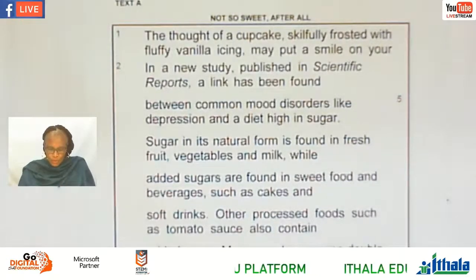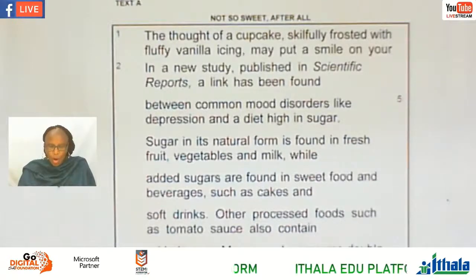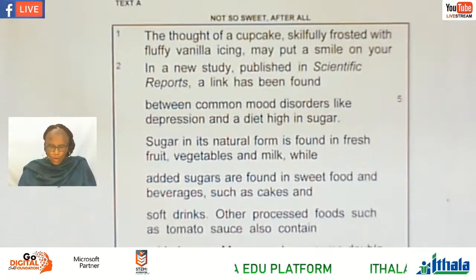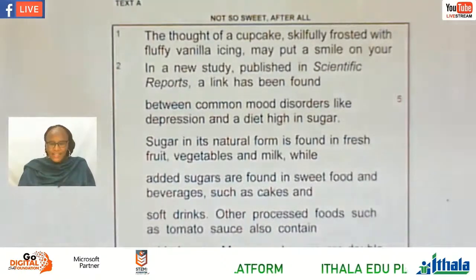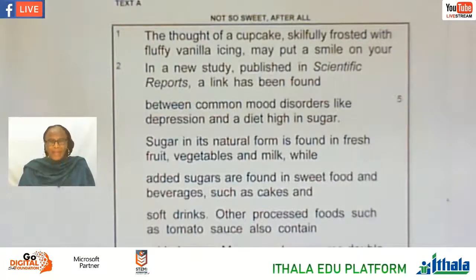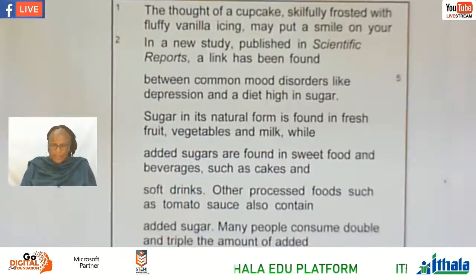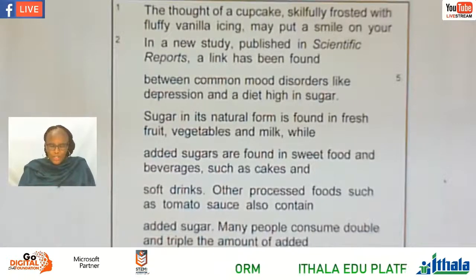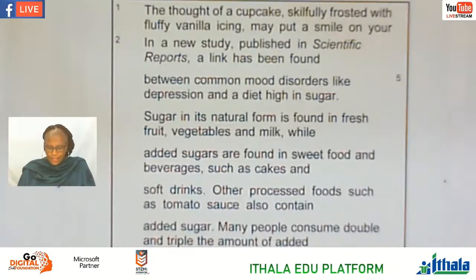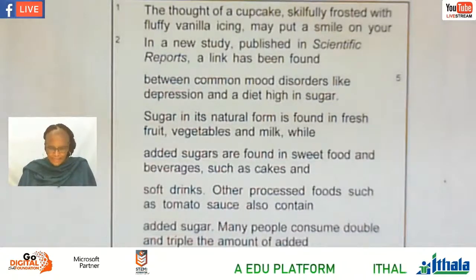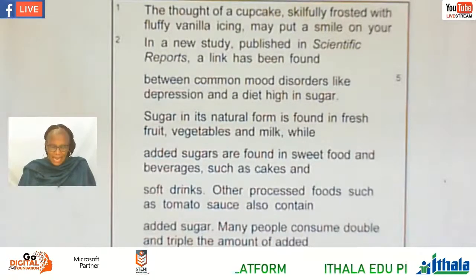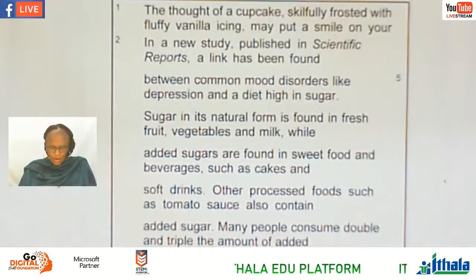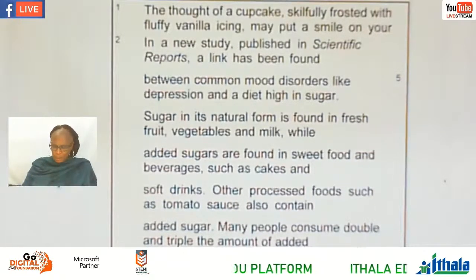Other processed foods, such as tomato sauce, also contain added sugar. Many people consume double and triple the amount of added sugar than they should. The World Health Organization recommends that people reduce their intake of added sugar to less than 5% of their total energy intake. Could there be a link between high sugar consumption and a person's mood?